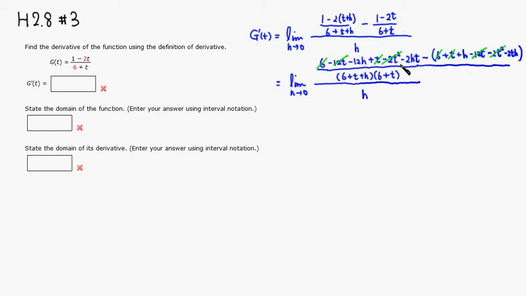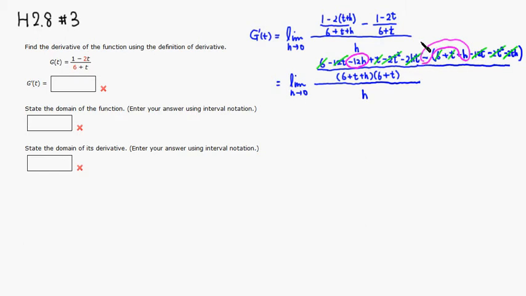And then you have negative 2ht minus negative 2ht. I think that's about it. So what's left is negative 12h, and you have a negative h.